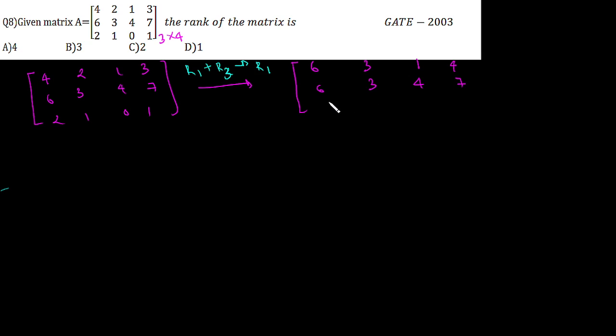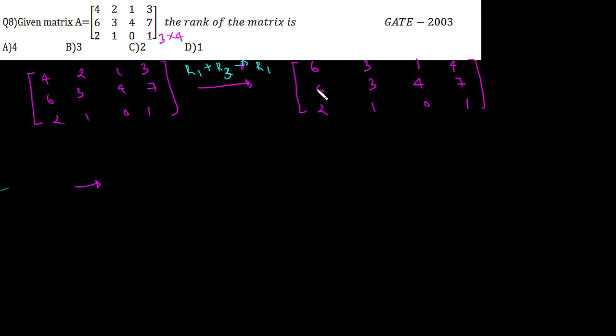Now here, to reduce the matrix, we don't have any fixed steps. You can do it by any row operation. You can also do it by your own row operations, which are different from what I am doing. So now let's further do the row operation.